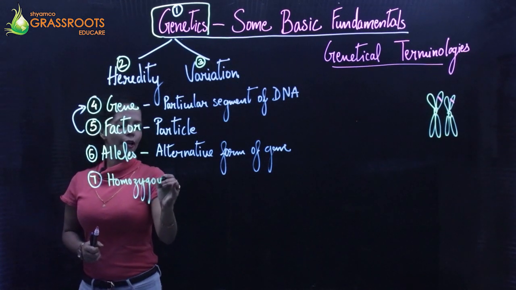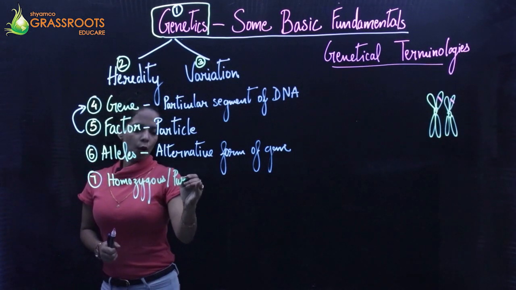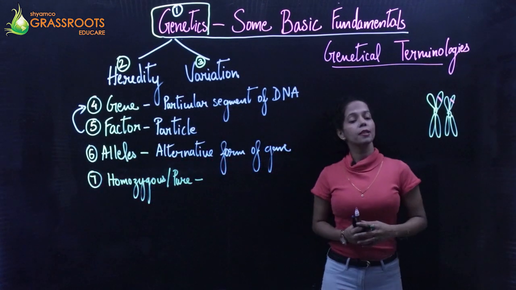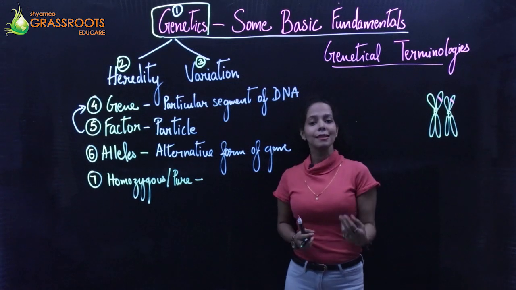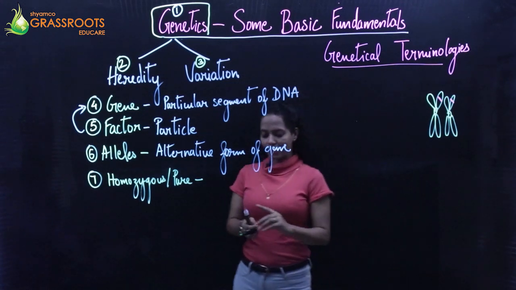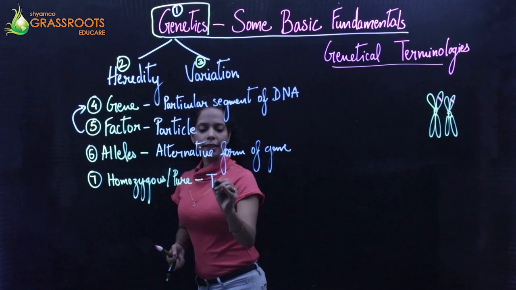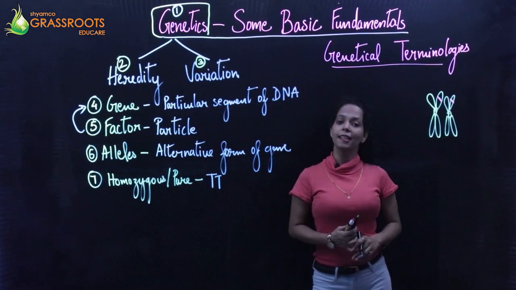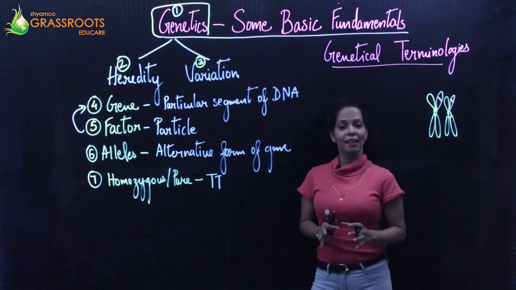Fine? Next, we have the terminology which is homozygous. Homozygous is also known as pure or pure breed. Fine. Now, what is the meaning of homozygous? Homozygous means when two similar alleles express the character. For example, if height is tall, capital T is expressing the character, then it is called homozygous condition.